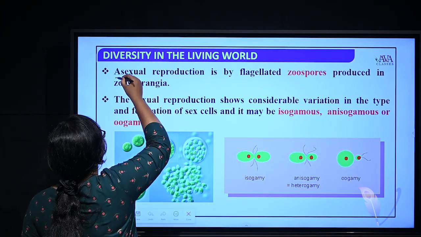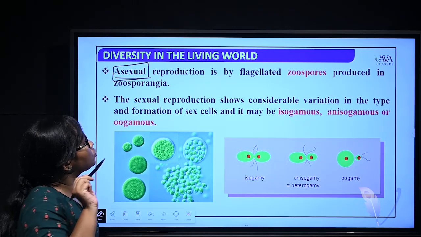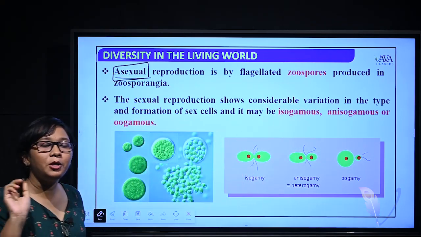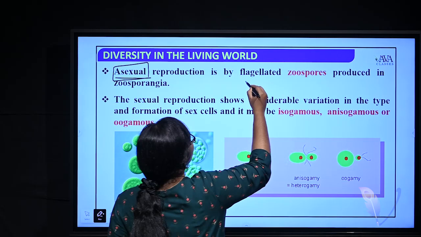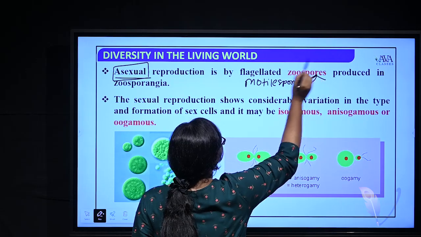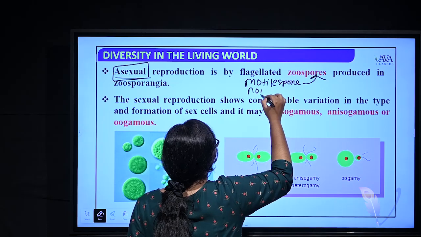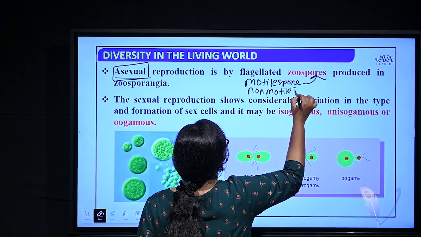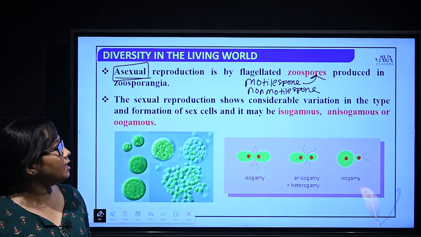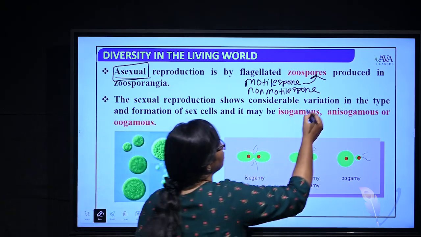Asexual reproduction process generally is done by your spores, and those spores might be your motile spores, for example your zoospores, and they might be your non-motile spores, which arise in your unfavorable conditions.